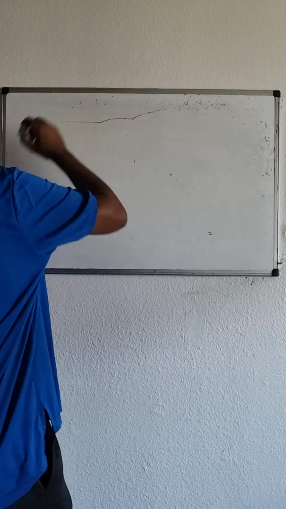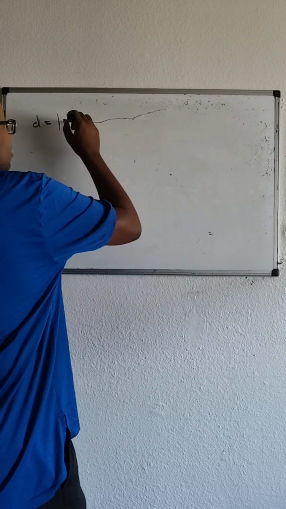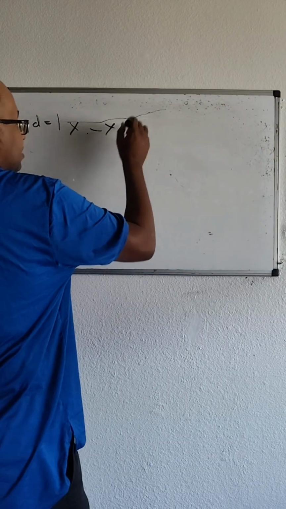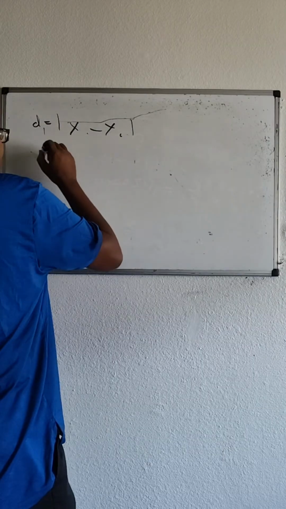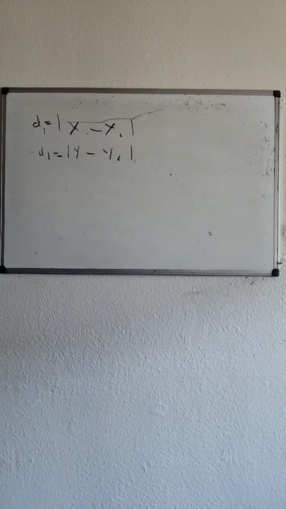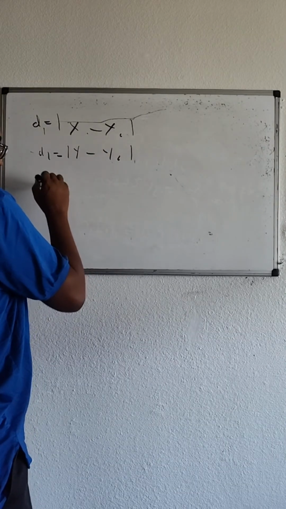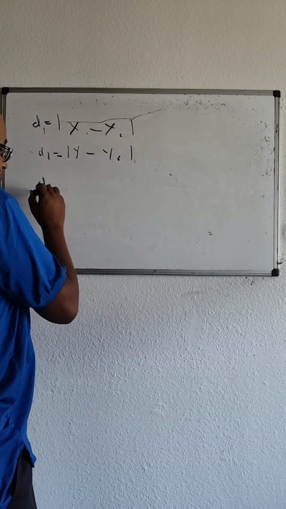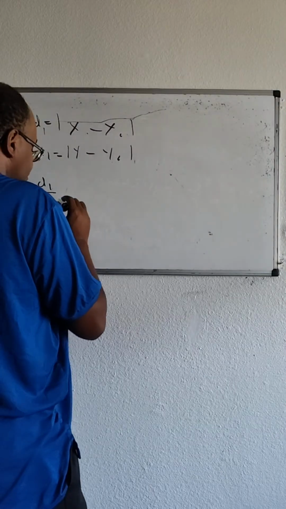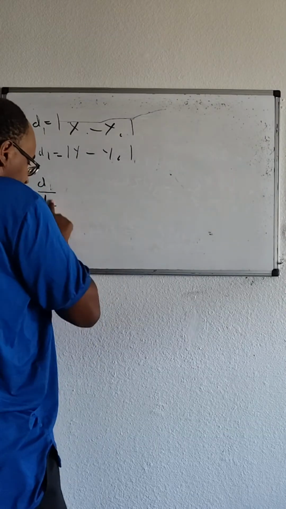So we're going to allow d1 equals x minus x sub naught, d2 equals y minus y sub naught. So with these distances, we'll put it on top. Actually, D2, D1. So we go ahead, cross that out.